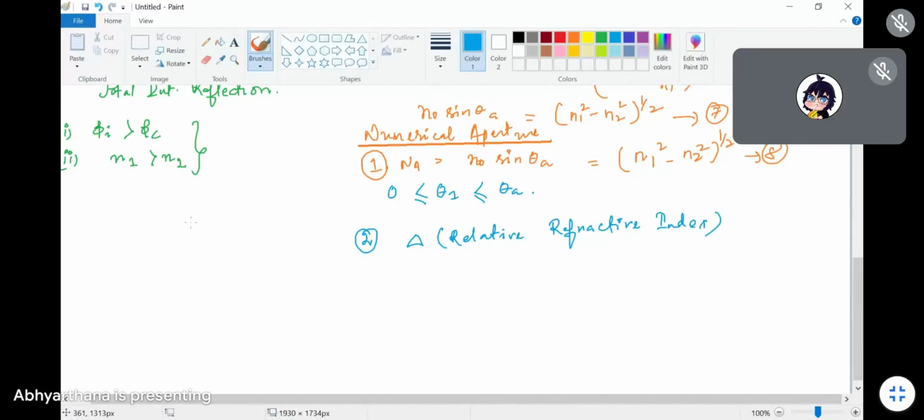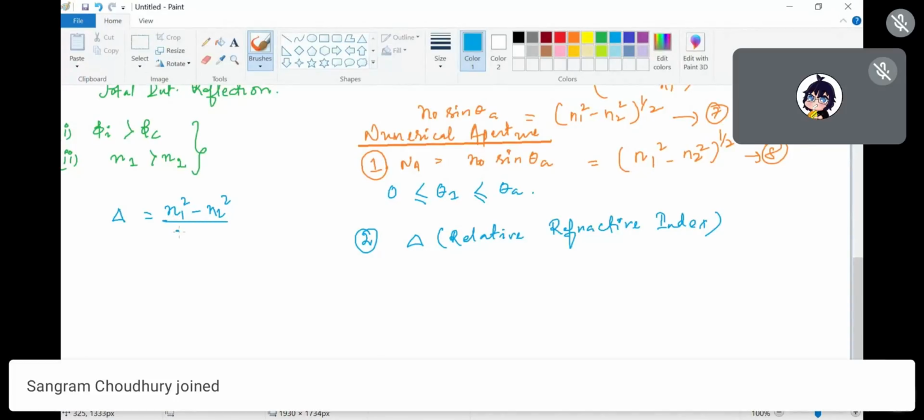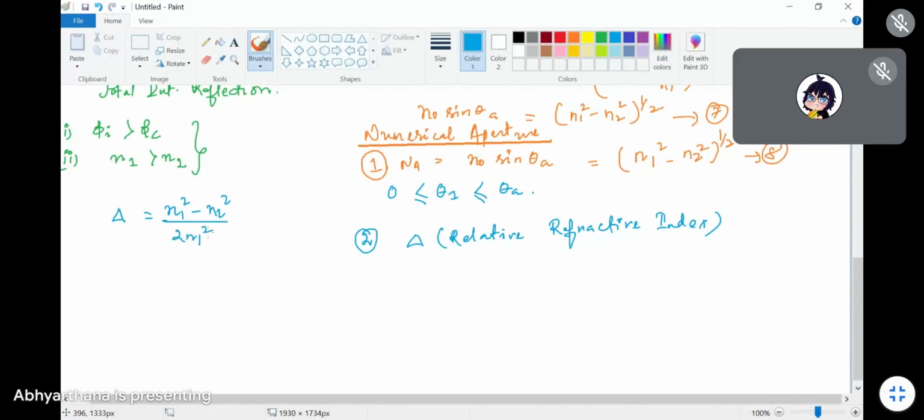Okay, so this is your relative refractive index. Now this relative refractive index delta is given as n1 square minus n2 square divided by 2 n1 square. Okay, this is the basic way to define. Usually, actually, you might say like your delta is equal to, since it's a difference in the refractive index, it should be equivalent to this. Okay, but this is actually not the thing.